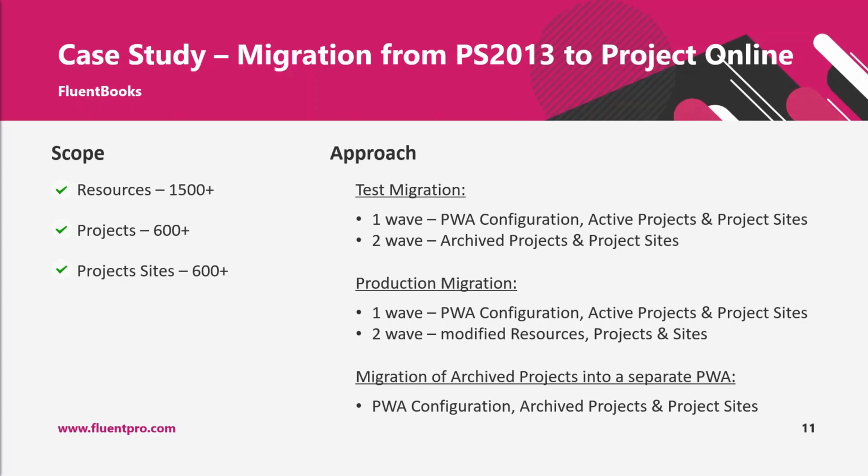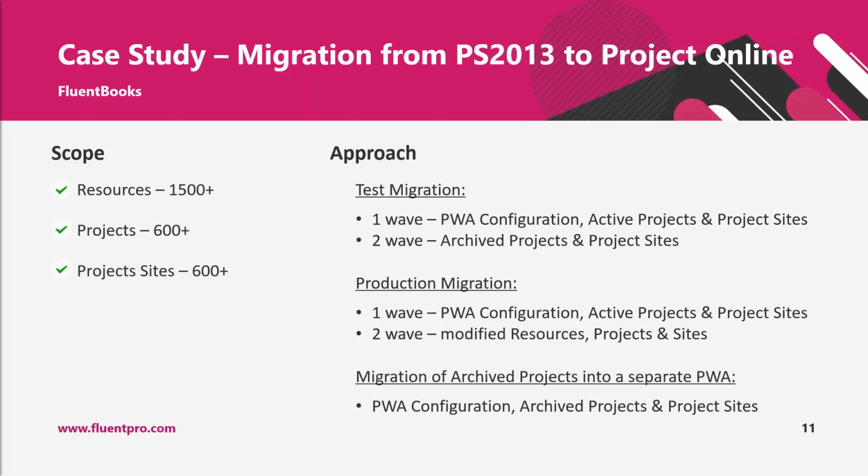And after go live, there was a separate migration of archived projects. They were not migrated into the main production PWA, but into a separate PWA that would act as a storage for archived projects. So we migrated the PWA configuration there, all the archived projects and the project sites associated with them.